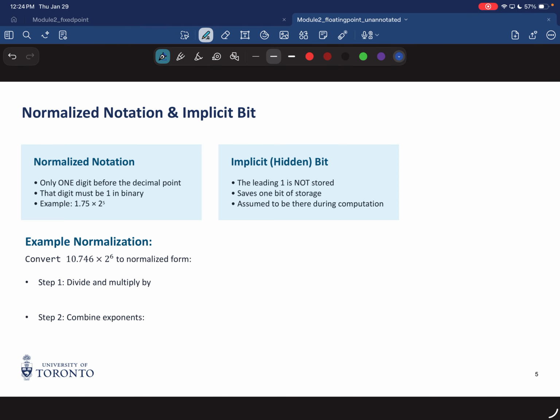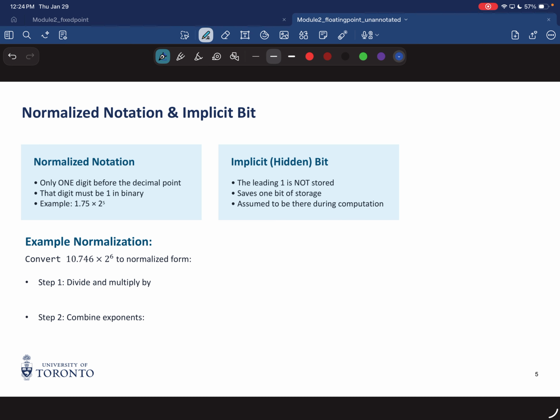And we don't store that implied 1 anywhere. If you're defining a number as a binary series as float, you'll see that we interpret it and then add a 1 to it. So it's implied, and that way we save 1 bit of storage.